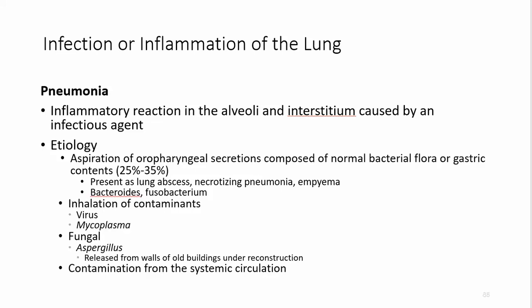It can also come from the blood. It doesn't have to come to the lungs, because remember, you bring air to the lungs, you also bring blood to the lungs. So a blood-borne infection can take up residence in the lungs and cause pneumonia.